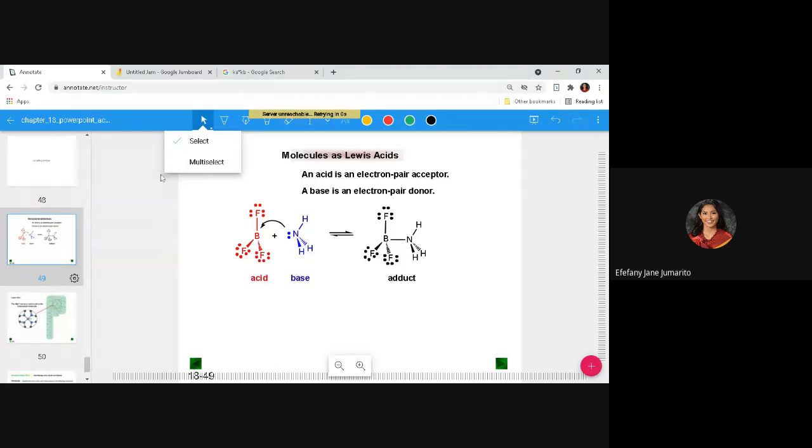We have the Lewis acids, okay? Earlier, we covered the proton acceptor and proton donor, which was the definition of Arrhenius, a scientist. Then we also have the definitions of Bronsted-Lowry and Lewis.